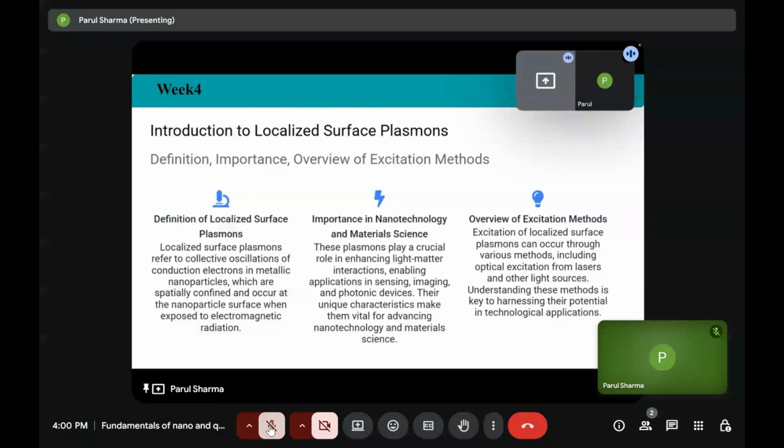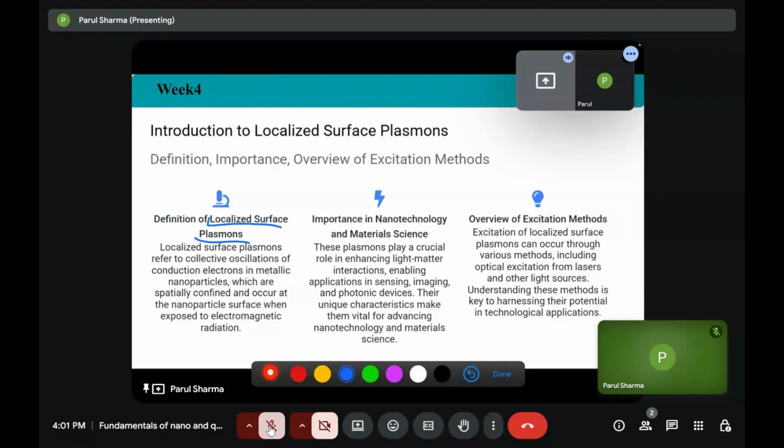Then the surface plasmon with light interacts with a nanoparticle, and then we see the localized surface plasmon resonance, LSPR.